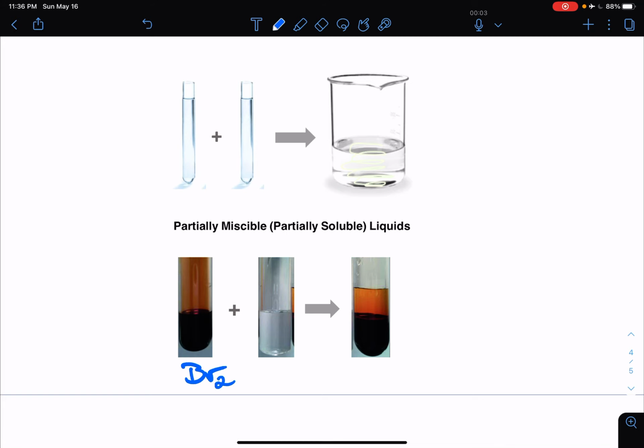So that would be Br2. But anyways, it's bromine liquid. And then if we put it with another liquid, with water, what we're going to get is something called bromine water. And if you go on in chemistry, what you'll find is bromine water is used in specific reactions. If you go on all the way to organic chemistry, you'll see bromine water again.